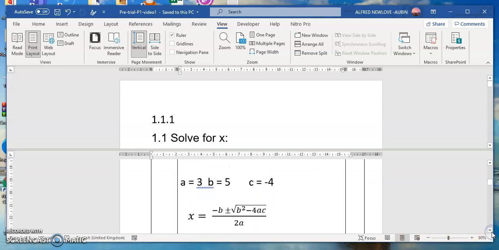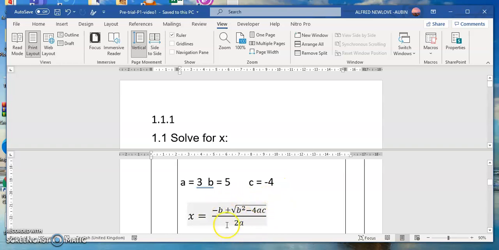Okay, then you go to your formula sheet, you find this formula there. Just check, write the same thing on your answer script. Then we are going to substitute our a, b, and c into this formula.